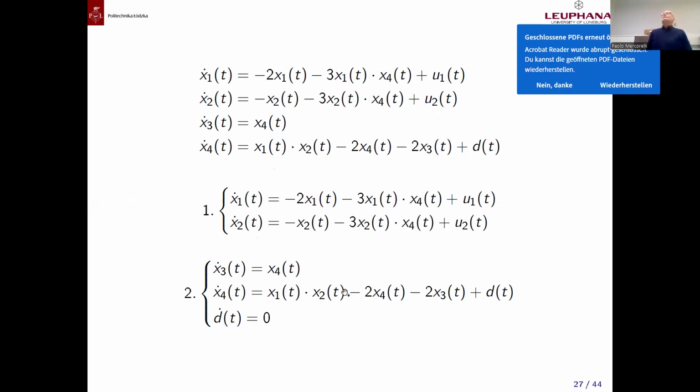As I told you, theoretically, I can split as I want. But of course, there is a way to split or to separate the system in a more suitable form.